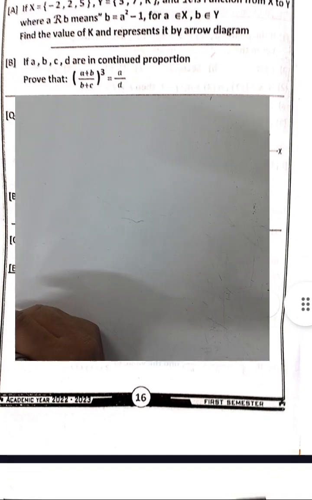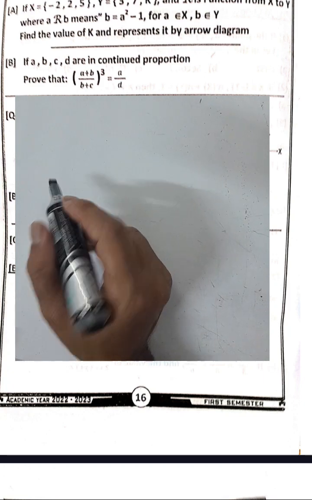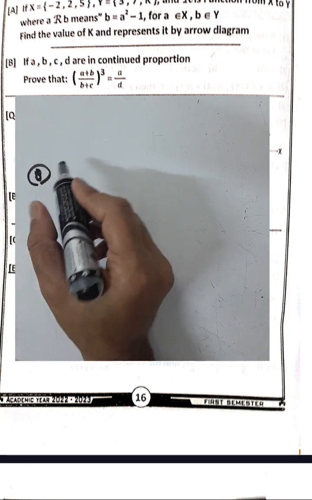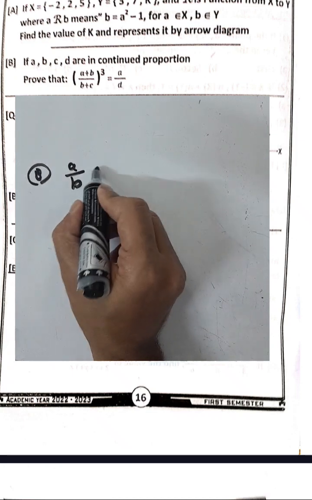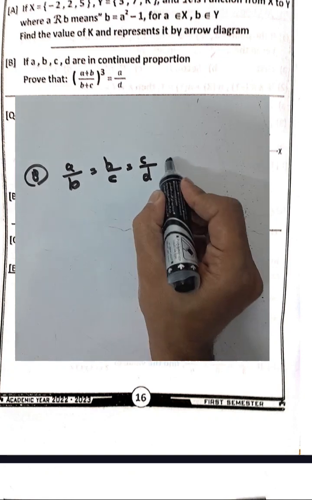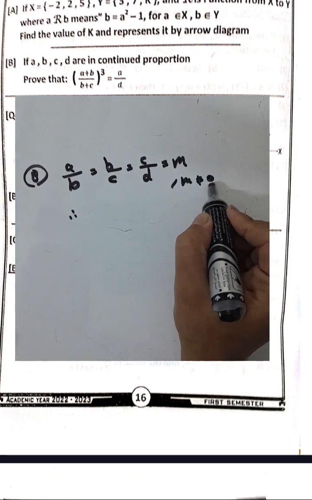Question 8. If a, b, c are in continuous proportion, prove that the left hand side equals the right hand side. For letter B, we have a over b equals b over c equals c over d equals m, where m is a constant not equal to 0.